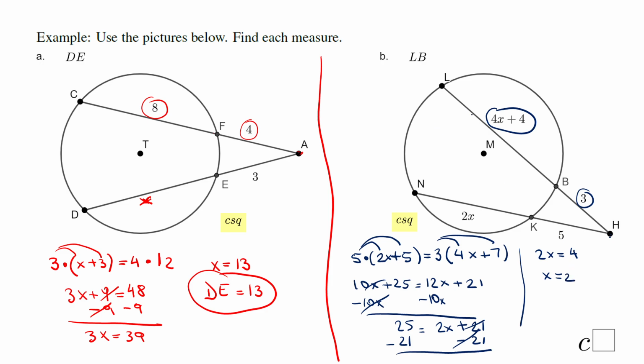We're looking for LB, and LB, if you notice, is 4x plus 4, so LB will be 4 times x, remember, we just found it, 2, plus 4. 4 times 2 is 8, plus 4 is 12. That is how much LB is.